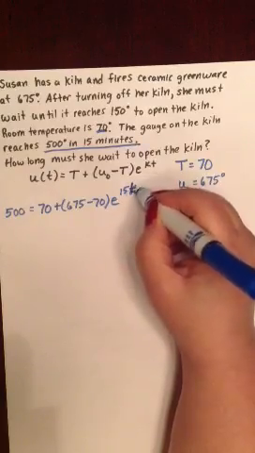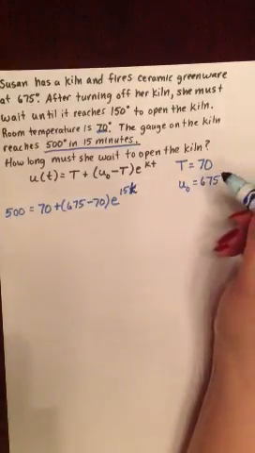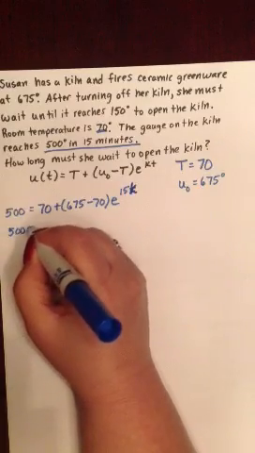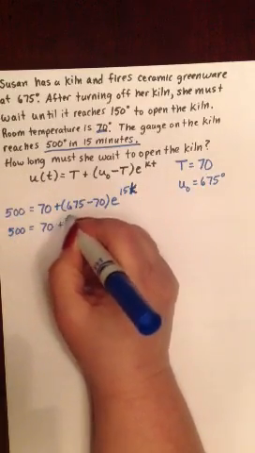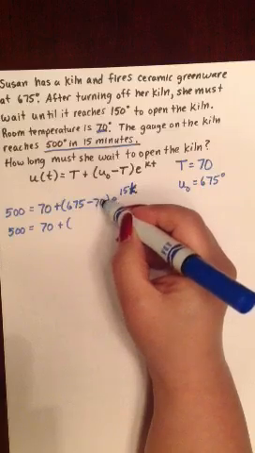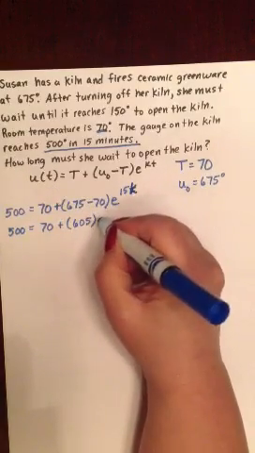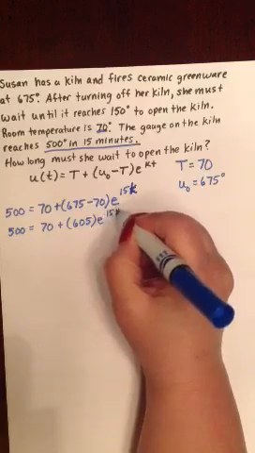We already knew what t was. k is what we're solving for. So to simplify this a little more, we get 500 is equal to 70 plus 605 times e to the 15k.